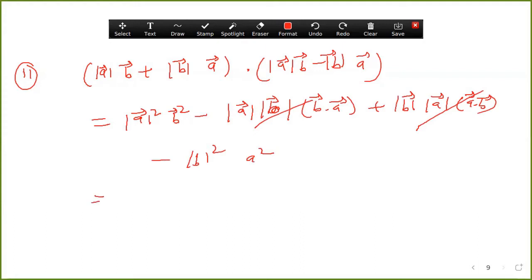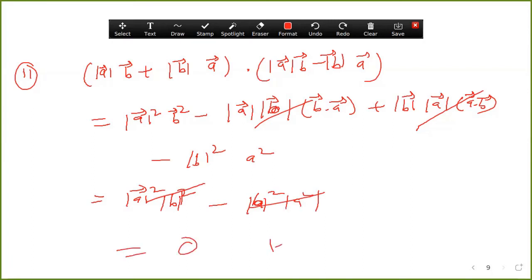What you are getting is mod of a squared b squared, again b squared a squared, both can be written in mod sign. Both are again cancelled and equal to 0. Hence proved. The vectors are perpendicular.